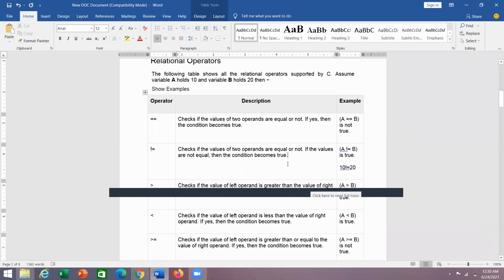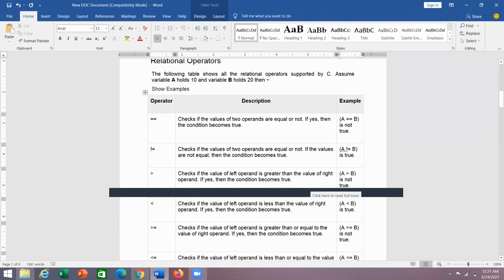It becomes true. 10 is not equal to 20, it is right, so the condition is true. The output will be true. Otherwise, it takes false.